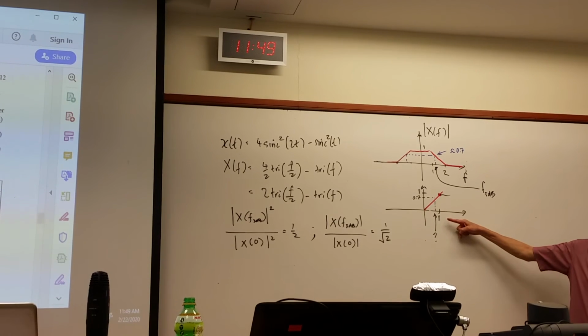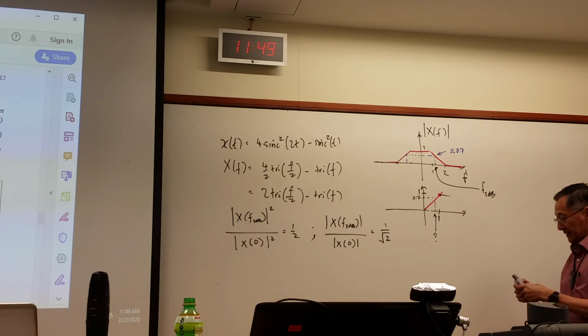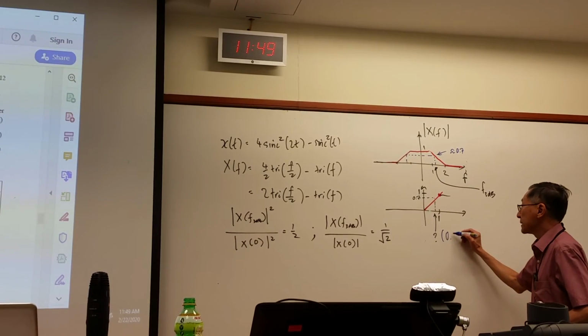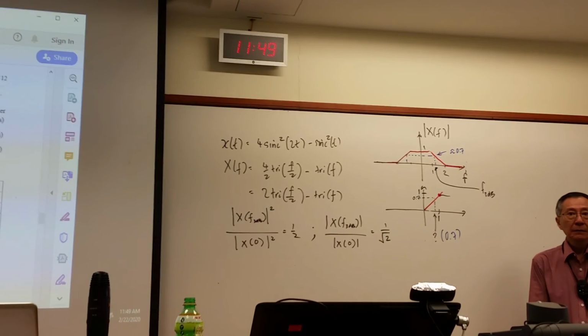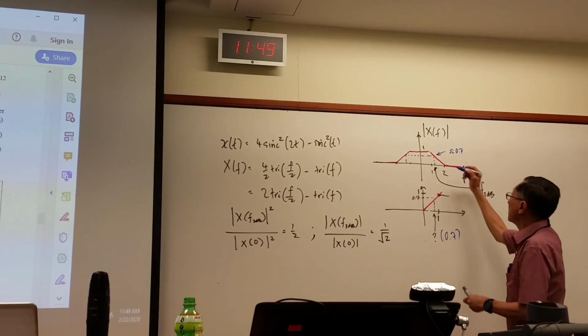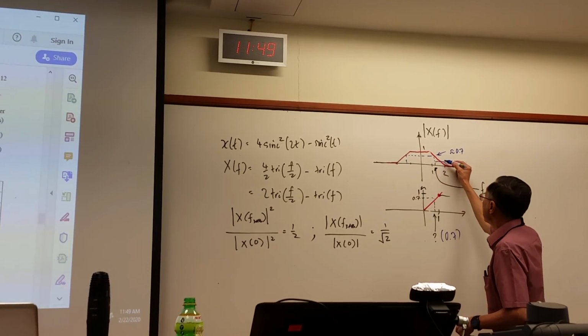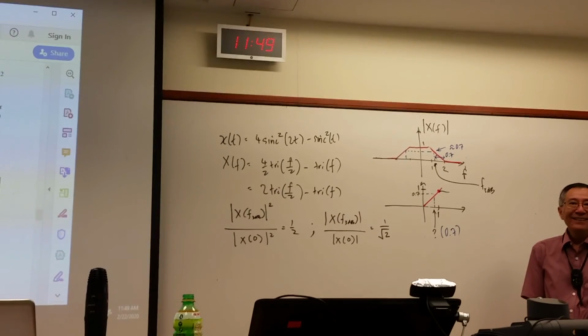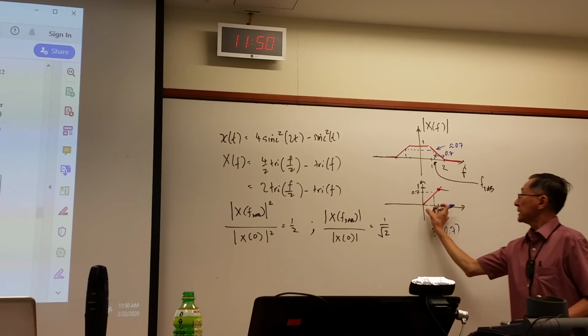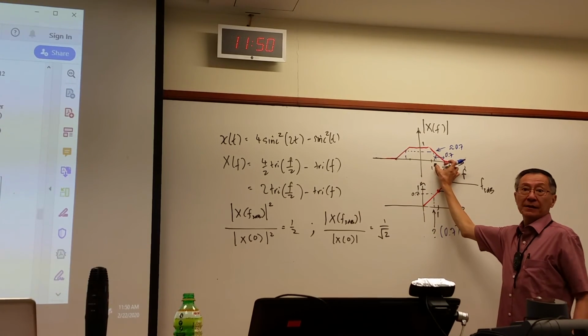So it's easier to do it this way, right? If I go down from 0.7, isn't this also 0.7? Yes. That means this distance here, from here to here, is 0.7, isn't it? Because that distance is 0.7.